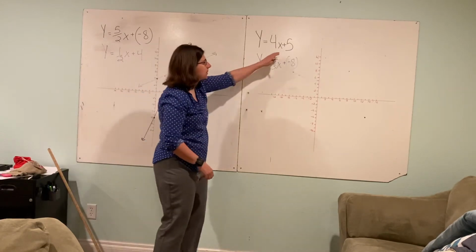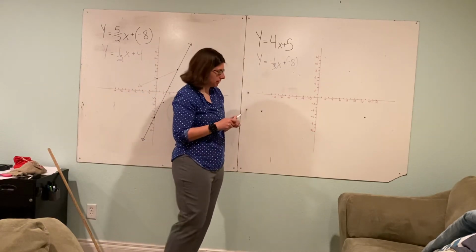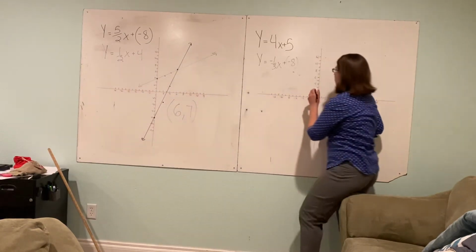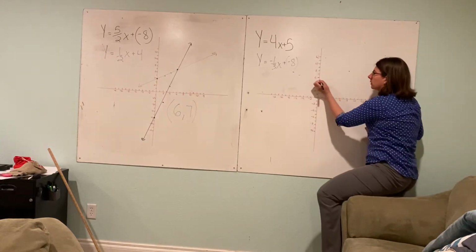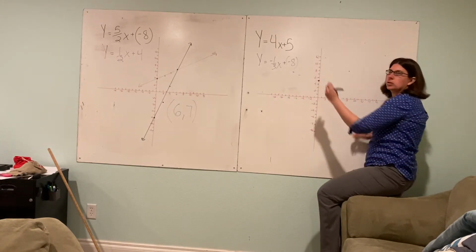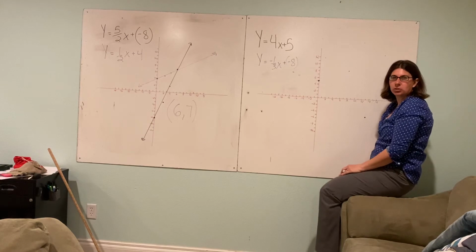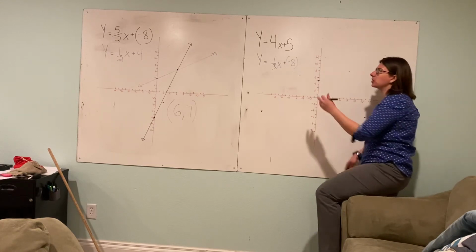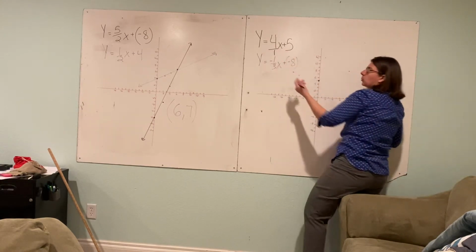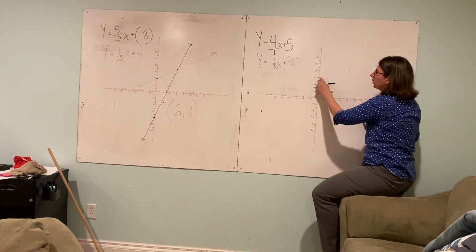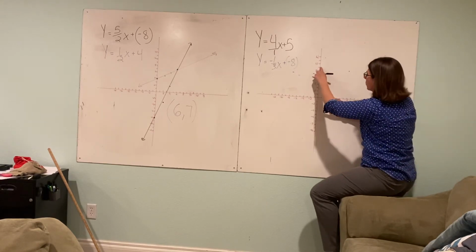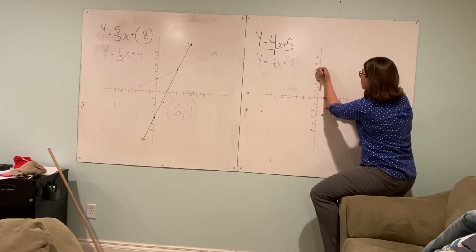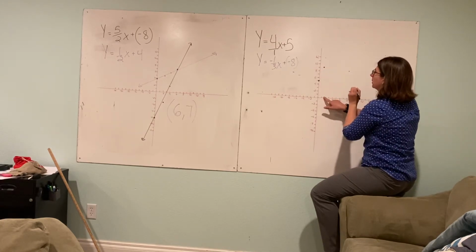Okay, our y-intercept is 5, so we're going to start on positive 5. Ooh, our slope is 4. It's not a fraction. So in order to change a whole number into a fraction, you're going to put a 1 under it. So we're going to want to go up 4, right 1. 1, 2, 3, 4, right 1, put a point.